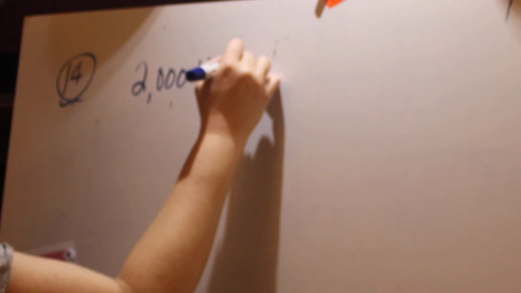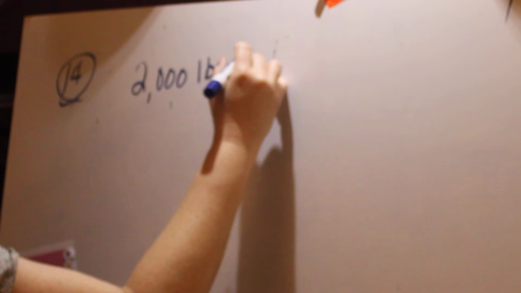Number 14. 2,000 pounds equals, what did they want to know? Ounces. 14, they wanted to know ounces.